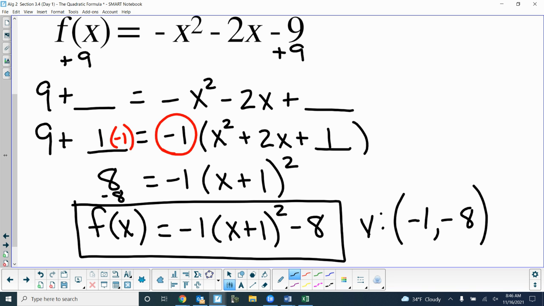Okay, how about 11 through 14? They were similar. The last two, 13 and 14, we had to factor out a 9 for 13 and a 2 for 14. Okay? Landry? 11? Sure.